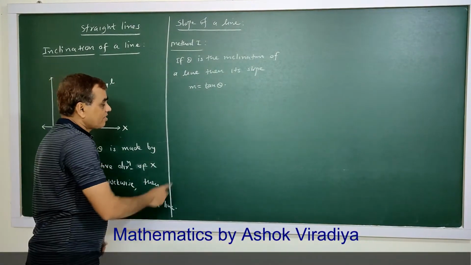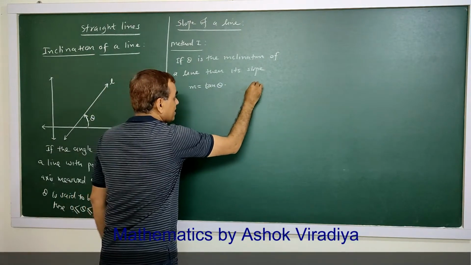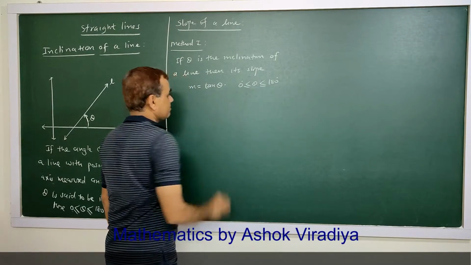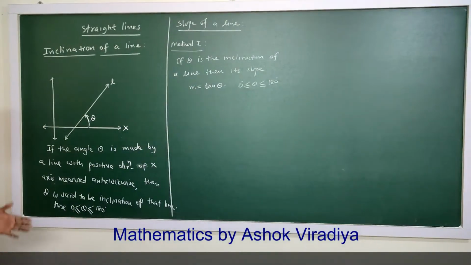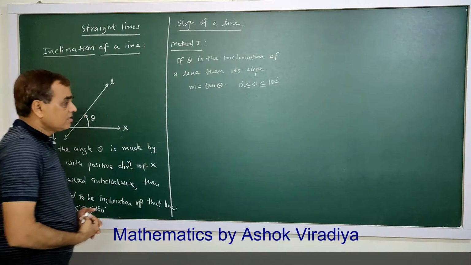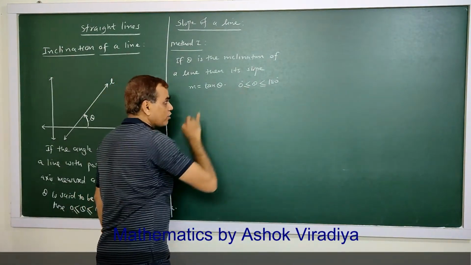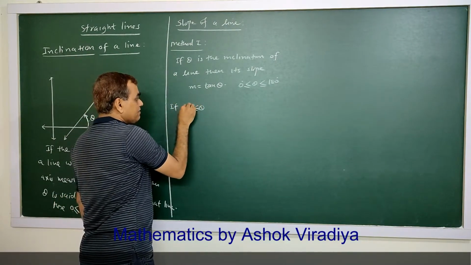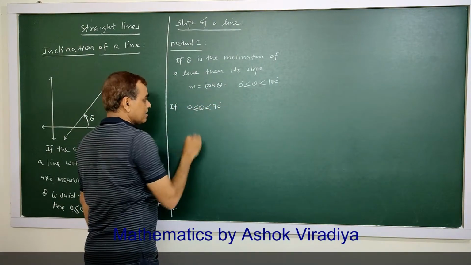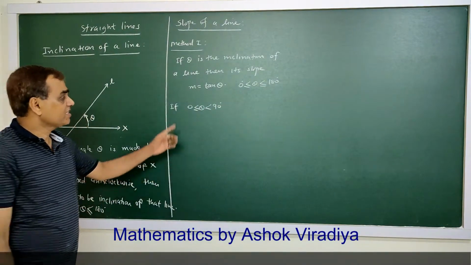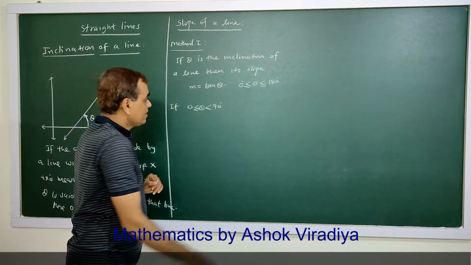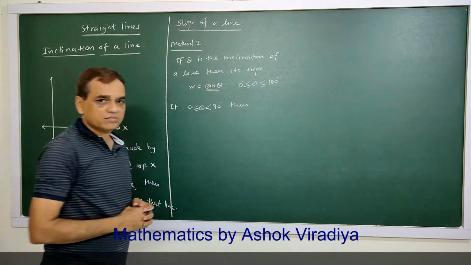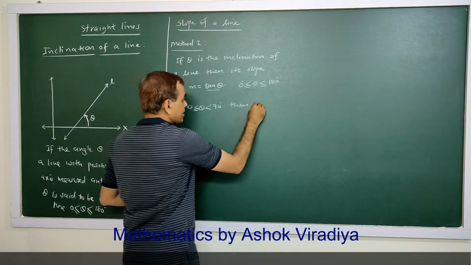Now see, here theta is between 0 and 180. The value of theta lies between 0 to 180, so it covers the first quadrant and second quadrant. So if theta is between 0 and 90 degrees, or we can say 0 to pi by 2, then this value is positive, so slope is positive.